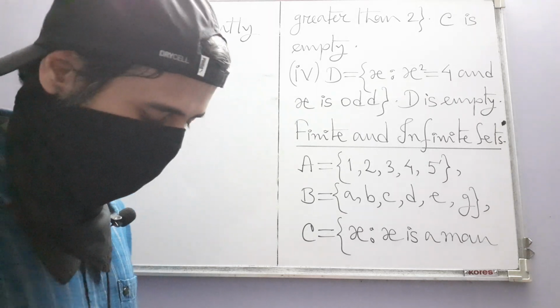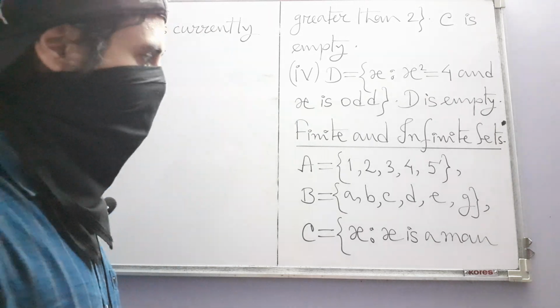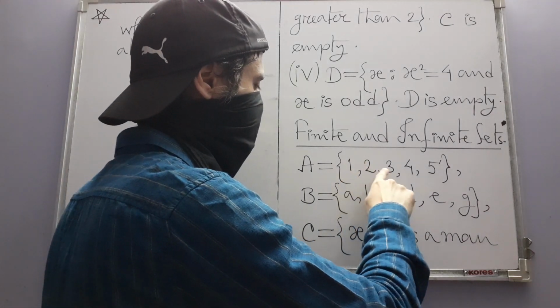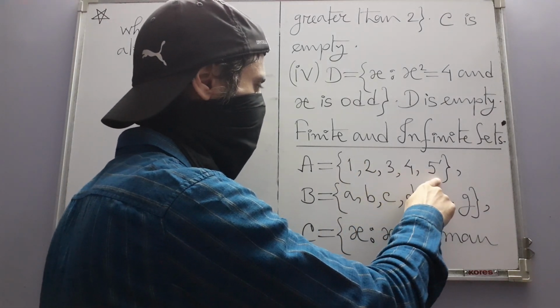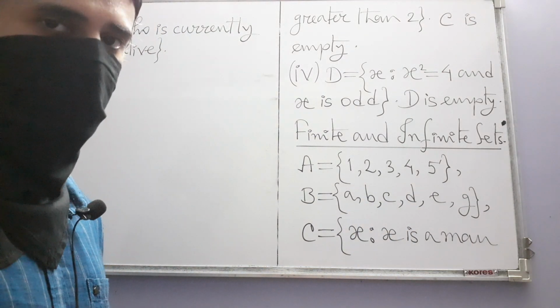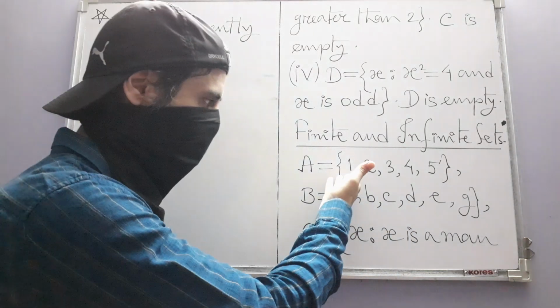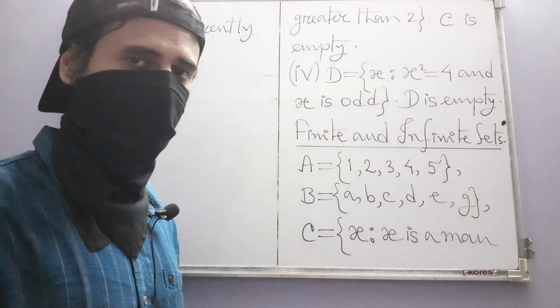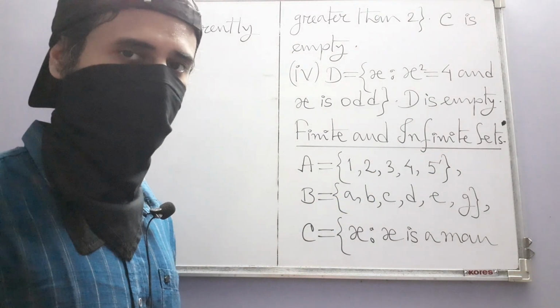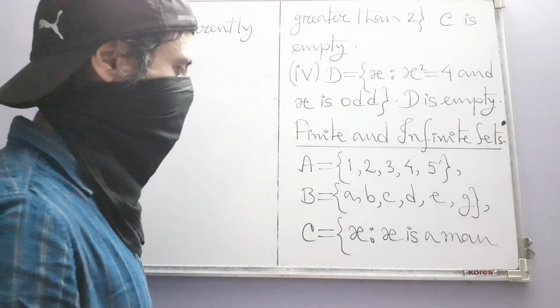For example, for the set A, if you start counting like this 1, 2, 3, 4, 5, the moment you hit 5, the counting process stops. And in fact, the elements here themselves help you in your counting, because they themselves are the first 5 natural numbers.